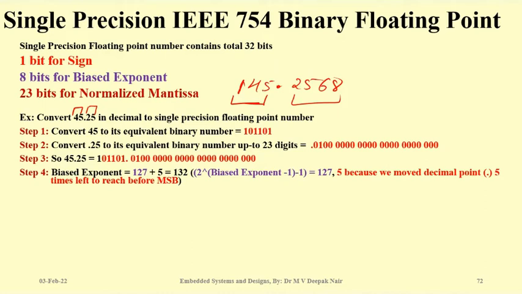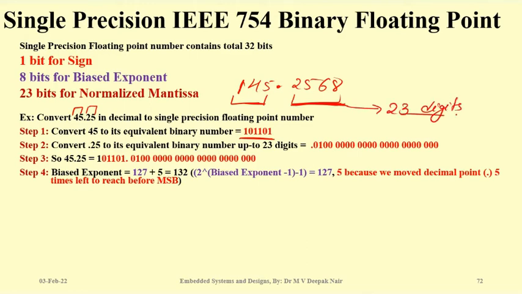And this mathematics we know from the first year or maybe from digital electronics. So convert the 145, you get a bit sequence. Second, this number after the decimal point, convert it to an equivalent binary number up to 23 digits.